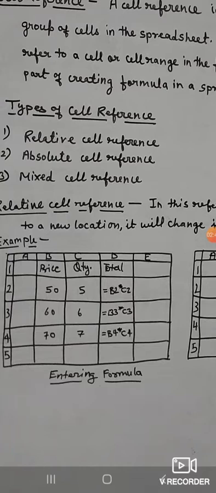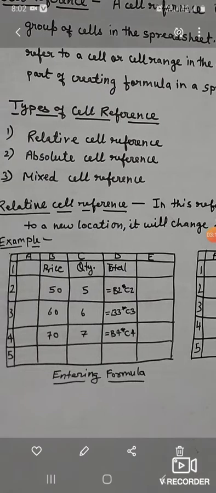When we copy it in below cells, it automatically changes to B3 and C3 and then B4 and C4. Means when we write a formula equal to B2 into C2 and we copy it in below cells, it will automatically change to B3, C3 and B4 and C4.